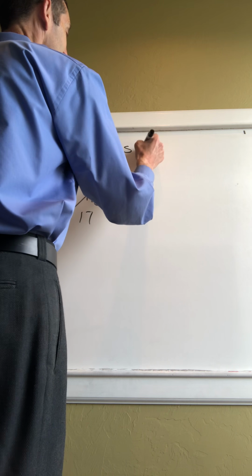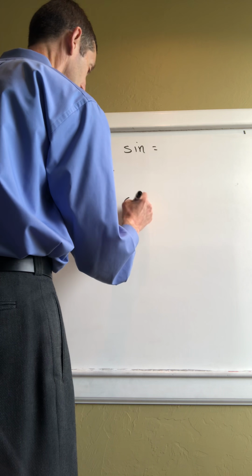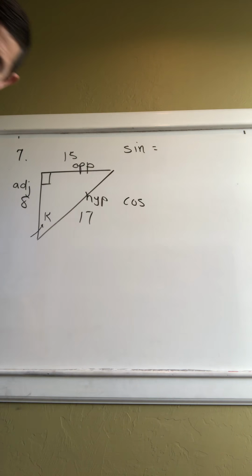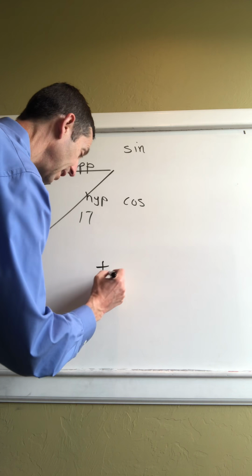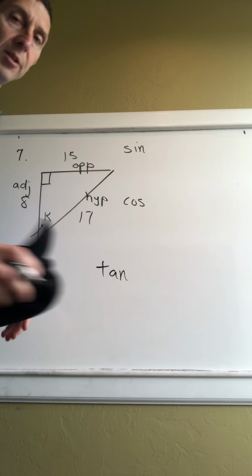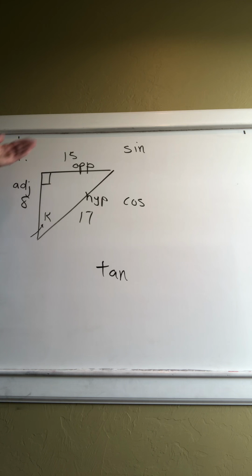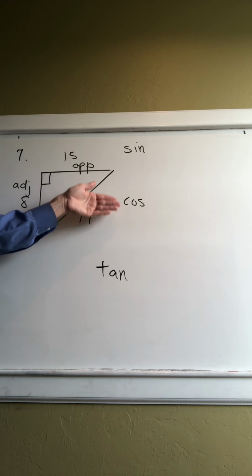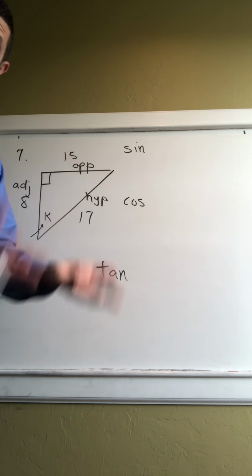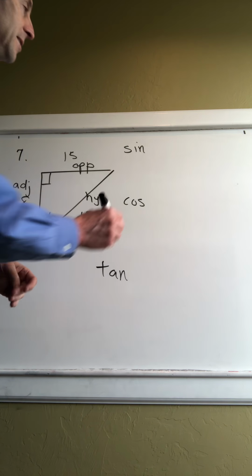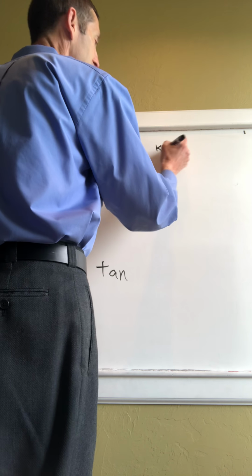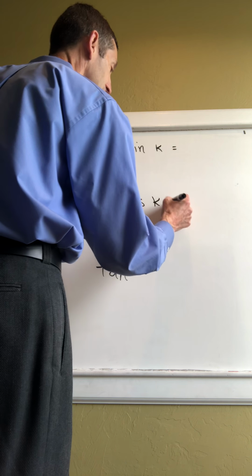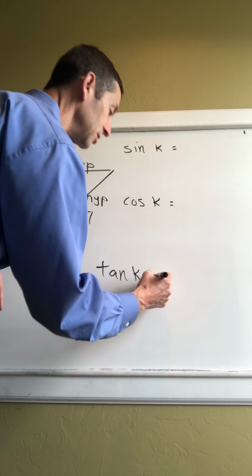So we've got sine, cosine, and tangent. So for example 7, you're going to do 3 problems: a sine, a cosine, and a tangent. Now, do you have it memorized? What is sine? You always have to state it of your angle. So we're working angle K right here. So sine of angle K, cosine of angle K, tangent of angle K.